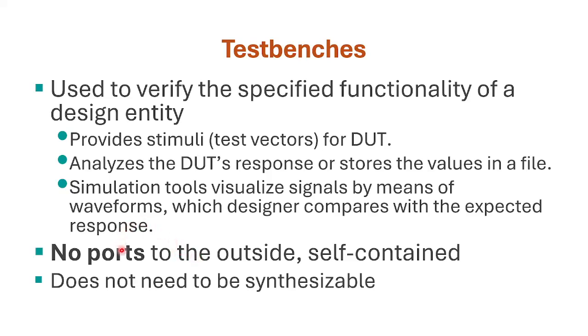The difference is that it doesn't have any ports to the outside world. Just like on that workbench in the garage, you had everything on the workbench: the function generator, signal generator, the design under test, your scope. Nothing came in and nothing went out of that workbench.